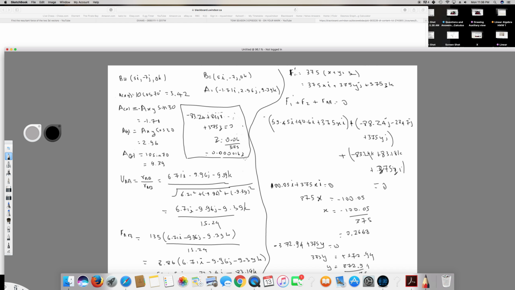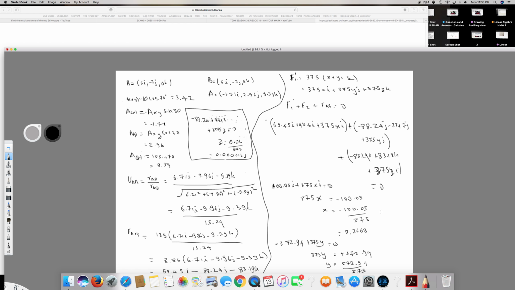Now I have to simply multiply these values by 375 to find the real force, because force is whatever it is times its unit vector. So we have found the units here. Now I have to calculate the force. Let's say Fx is equal to this times 375. 0.2668 times 375 is going to be 100.05.